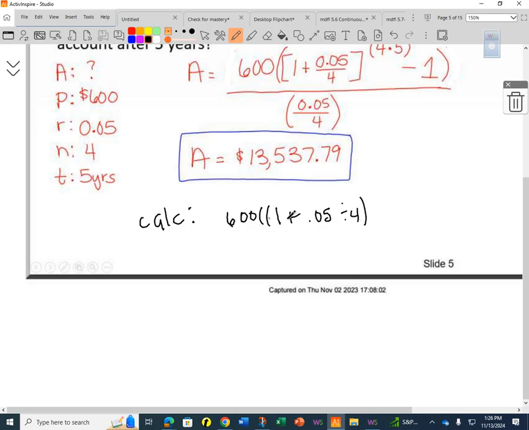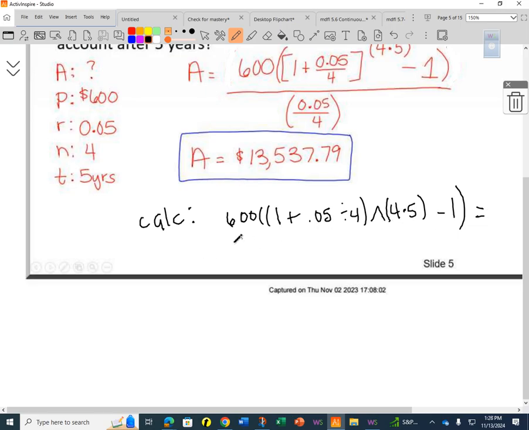Close that set of parentheses. Now our exponent button, left parenthesis, 4 times 5, close those parentheses, minus 1, close our parentheses, and equal.